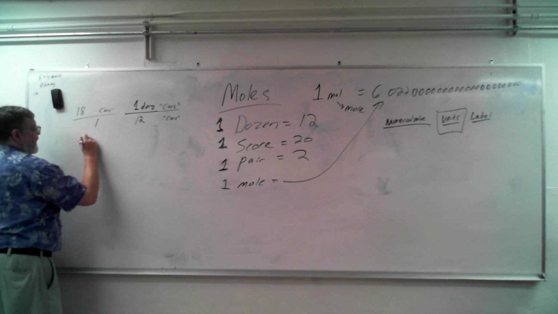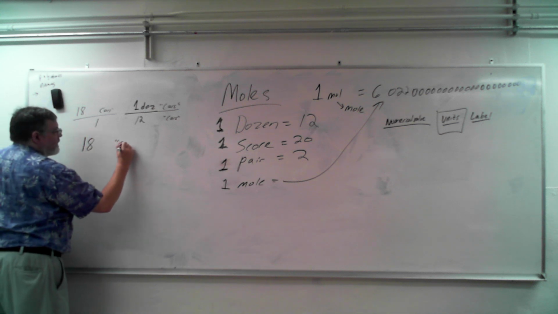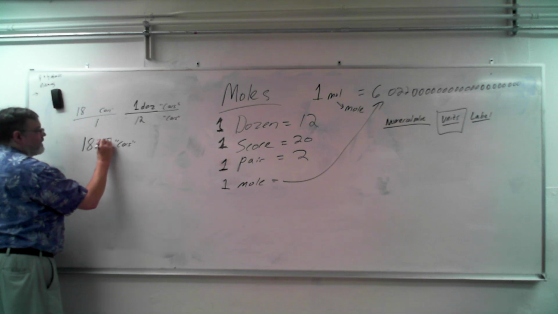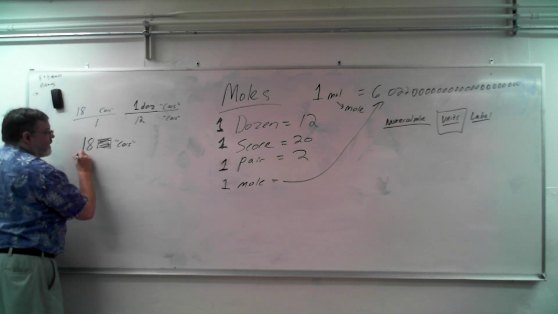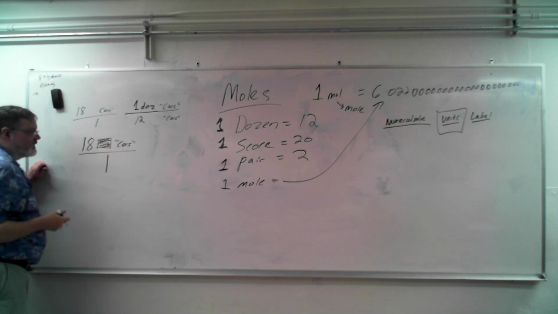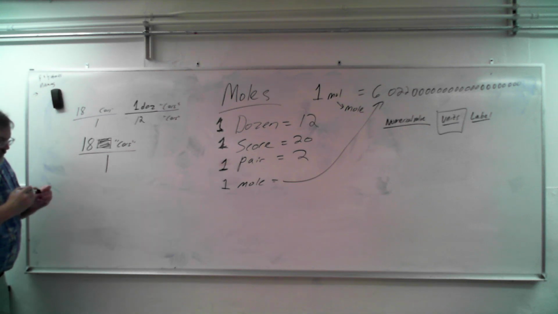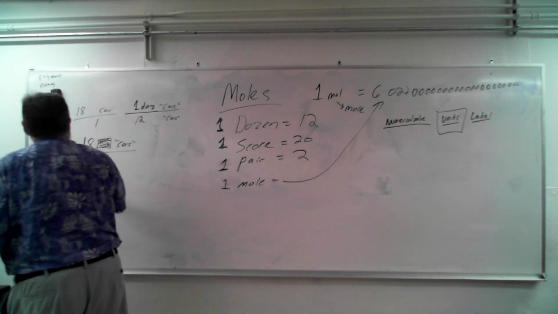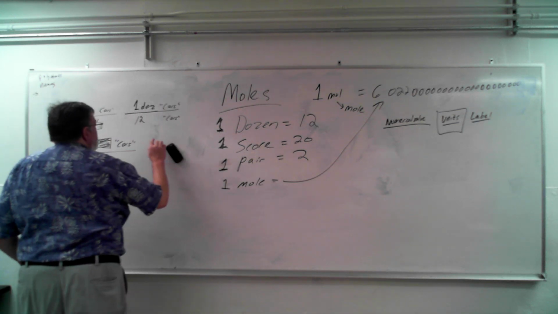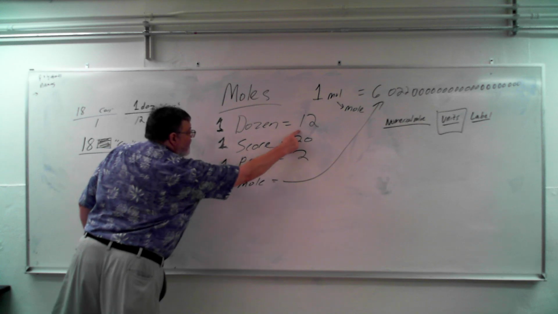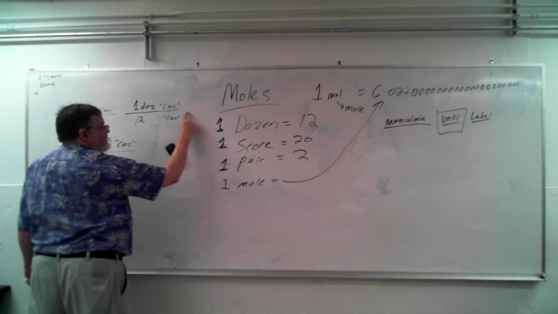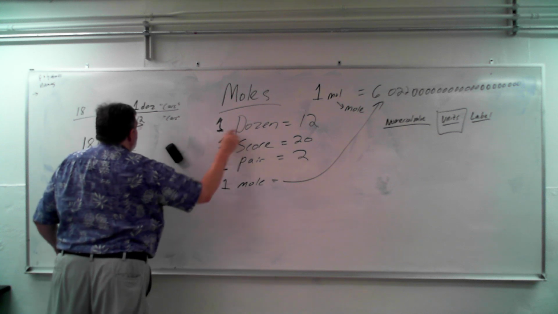But let's say you went out there and you counted 18, and again, notice there's a space here. And I still like to put things over one. And you came back and you said it's 18 cars. And I said, well, what is that in dozen? You would use this, actually this, because you would write it this way instead of this way.